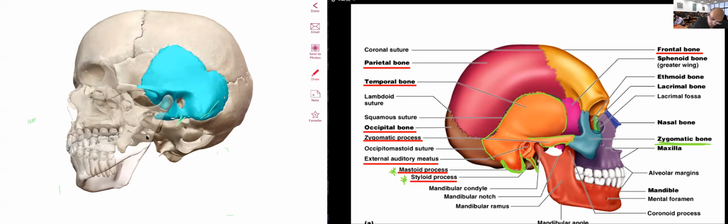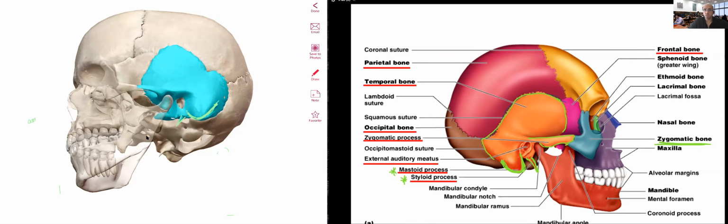The thick, large process, this is my mastoid process. A way to not get them confused: people think that a person is stylish when the person is thin, long, and sharp.